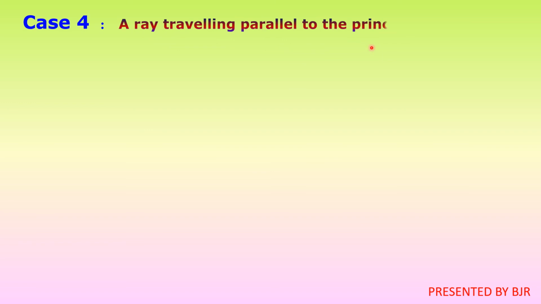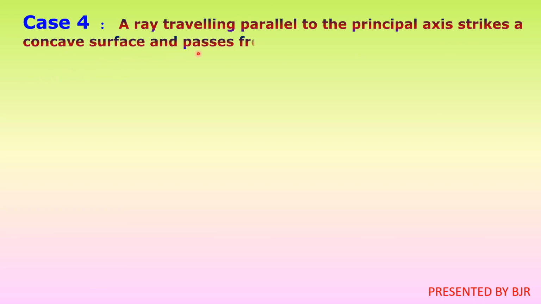Next, case 4. See here, a ray traveling parallel to the principal axis strikes a concave surface and passes from a rarer medium to denser medium.